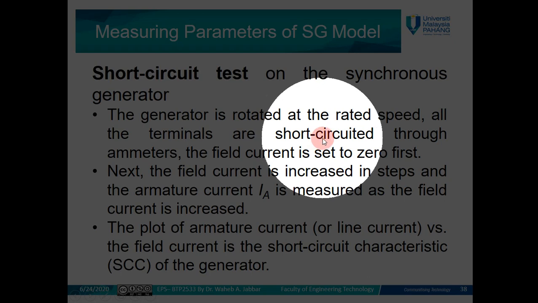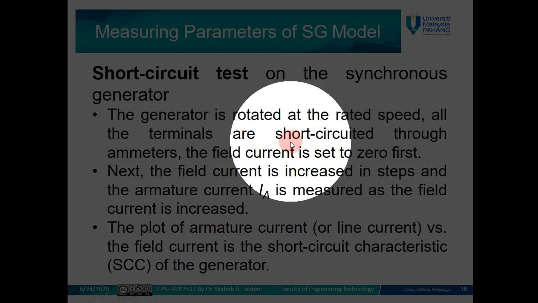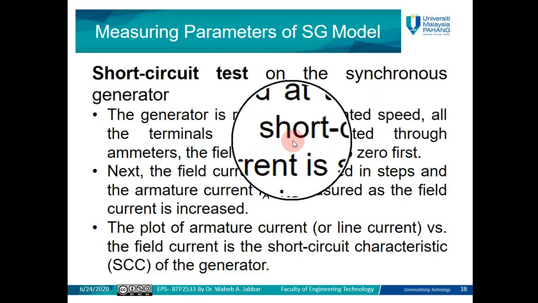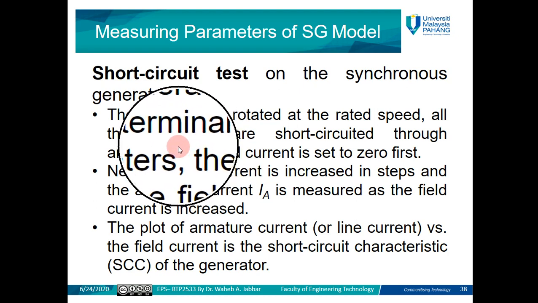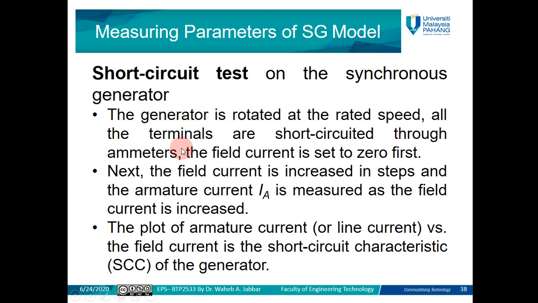All the terminals are short circuited, and since it is three phase, the three terminals of the generator will be short circuited. The field current is set to zero at the beginning, the same as in the open circuit test. Then the field current is increased in steps, and at the same time the armature current is measured.